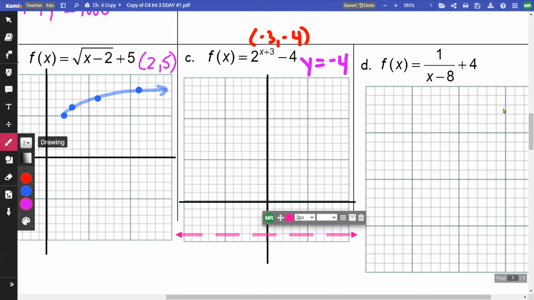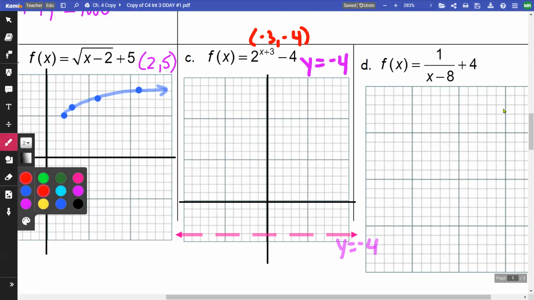Okay, so that is my asymptote, and that is y equal -4. So this point that I was talking about earlier, that's -3, -4. So if I went to -1, 2, 3, -1, 2, 3, 4, so I put this point here. That point that I just put there in red is not a point on my graph.